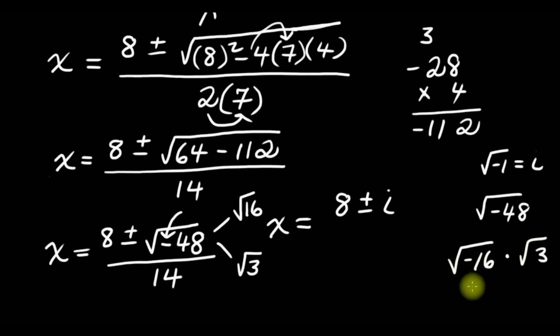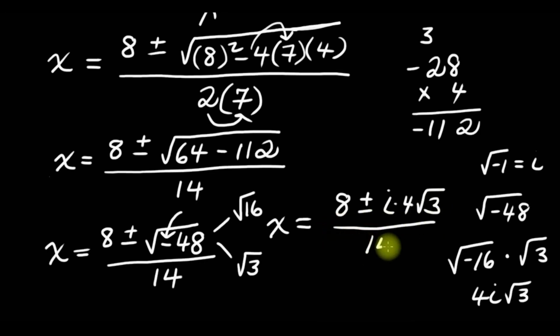And then square root of negative 16 is 4i. And then square root of 3 stays the same. So here you're going to have i times 4 times square root of 3, and that whole thing all over 14.